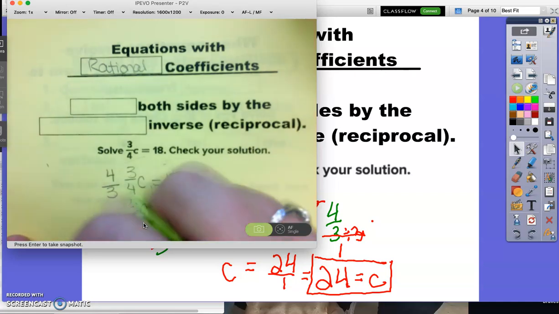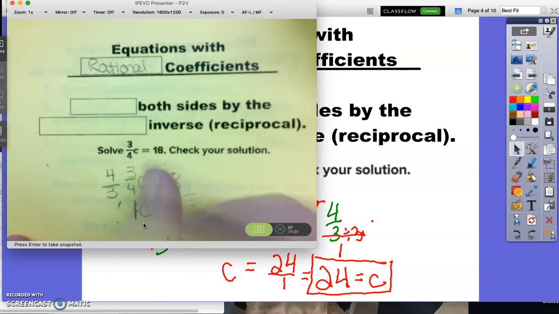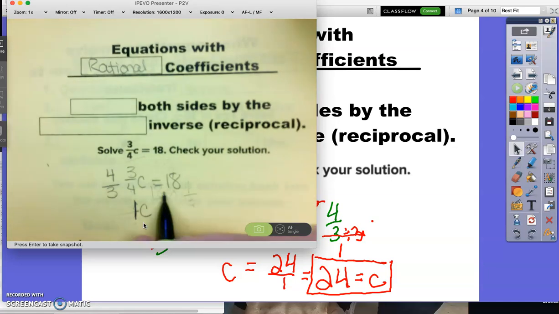So this changes to 1 C. Do I need that 1? No. But when I do it, whatever I do to one side, I have to do to the other. So I'm going to make 18 a fraction and multiply it by 4/3. How do I make 18 a fraction? Put it over 1.